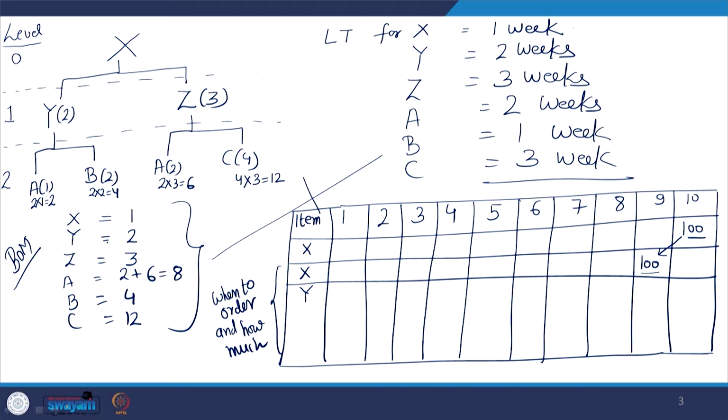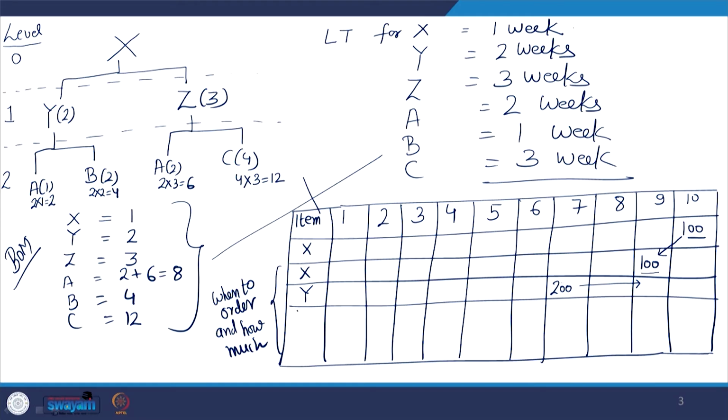So, for 100 X, 200 Y's will be required, and I want 200 Y's on this particular date. So, when I am placing order on 7th week, then you will get these Y's here, because 2 weeks it is going to take.